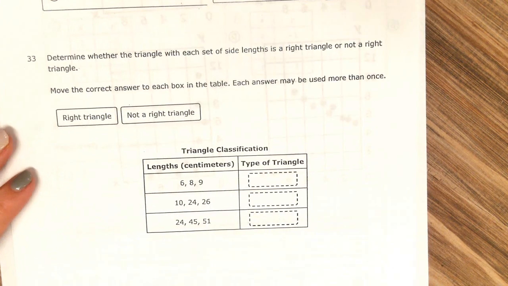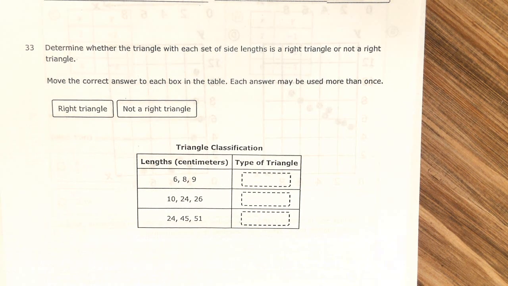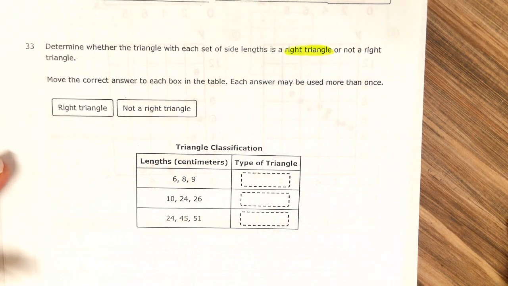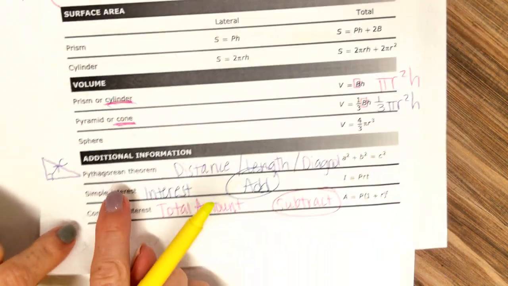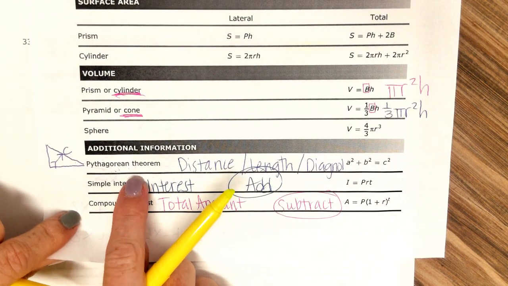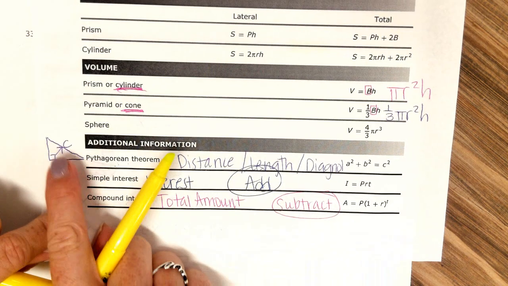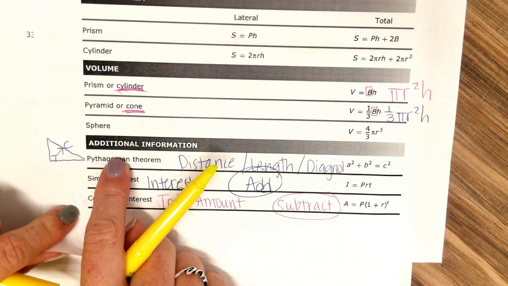Okay, number 33. Scan it. Tell me what clue words you see. Right triangle. Where do we say right triangle on our paper, our star chart every day? We draw it next to Pythagorean theorem.